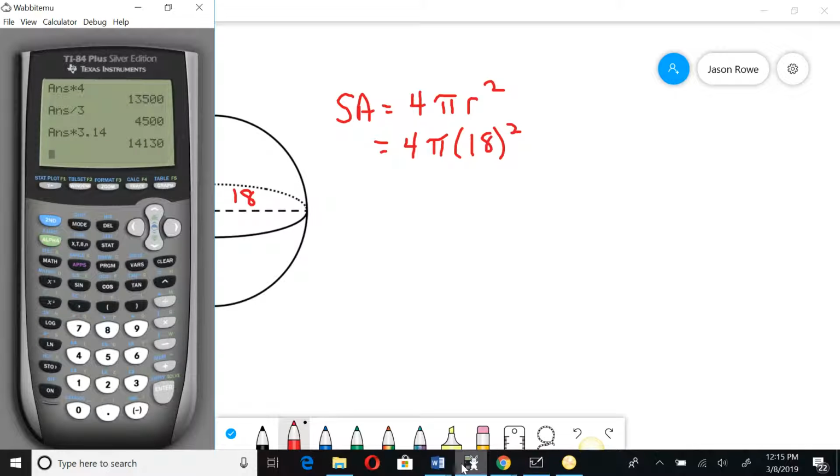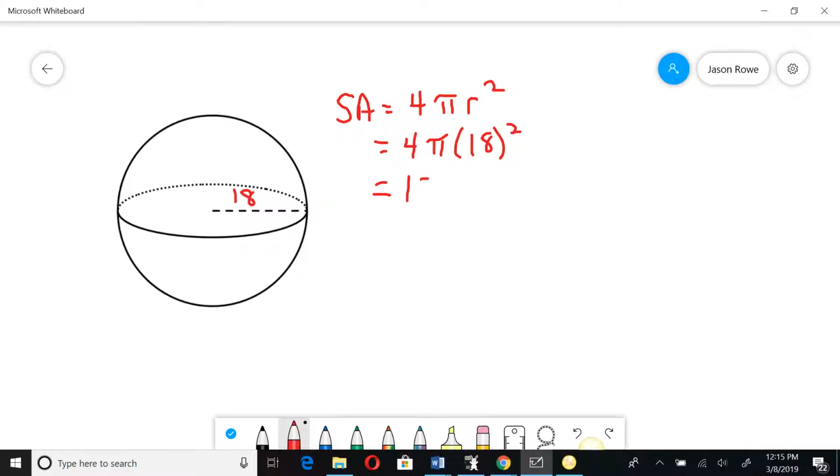Again, pull that calculator out. 18 squared times 4 gives us 1,296 pi. And folks, I'm going to leave my answer just like that because that is the exact answer. And so I'm happy with an exact answer.